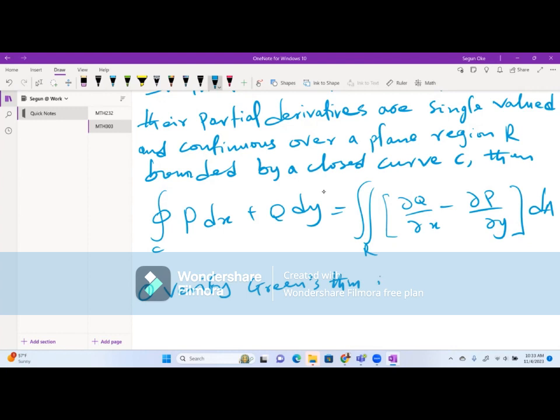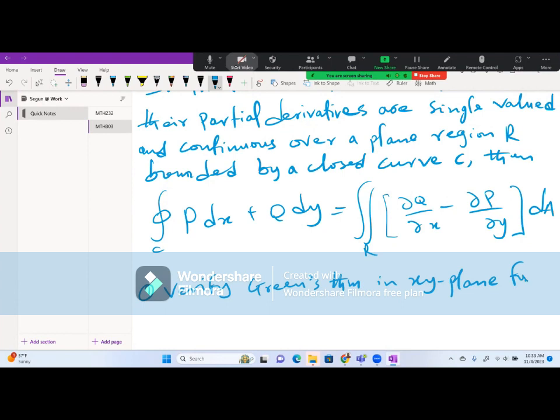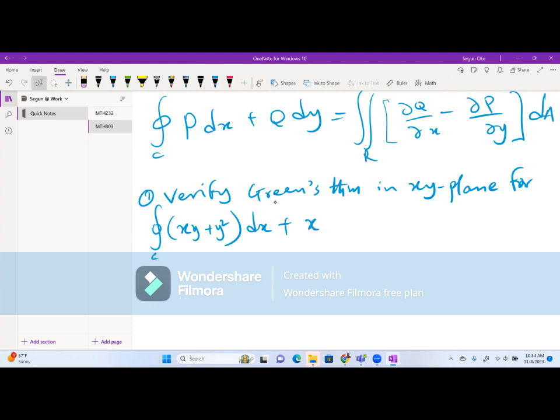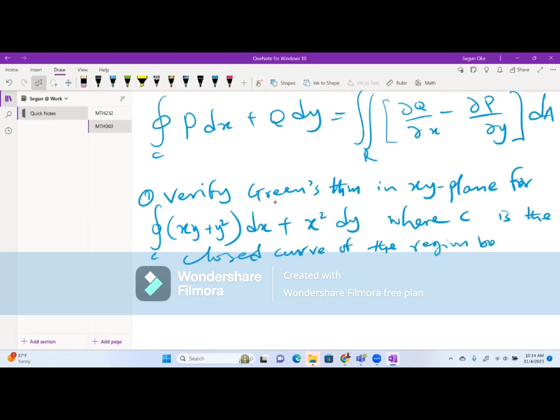This is the theorem in the xy plane. Verify it for the integral over C of (xy plus y squared) dx plus x squared dy, where C is the closed curve of the region bounded by y equals x and y equals x squared.